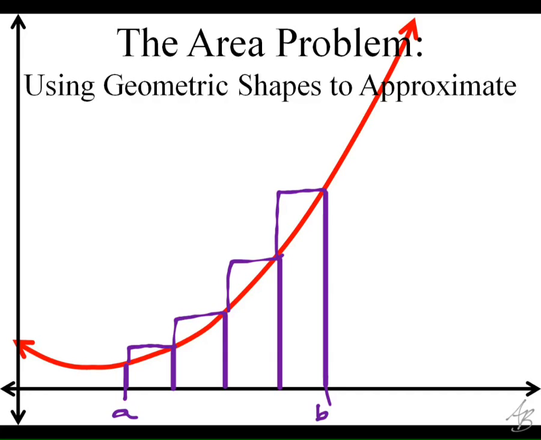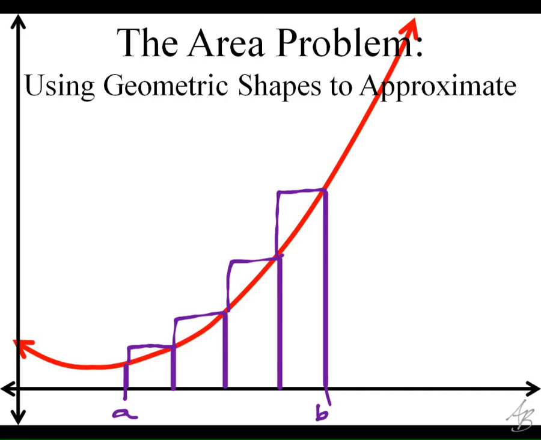And just like the last one, the more rectangles we use, the closer we get, but we're still going to be a little bit off. We're always going to have a little bit extra here. The reason we have extra is that we're using the right endpoint of each interval as the top of the rectangle, and since this function is increasing, the right endpoint is higher than the left endpoint.